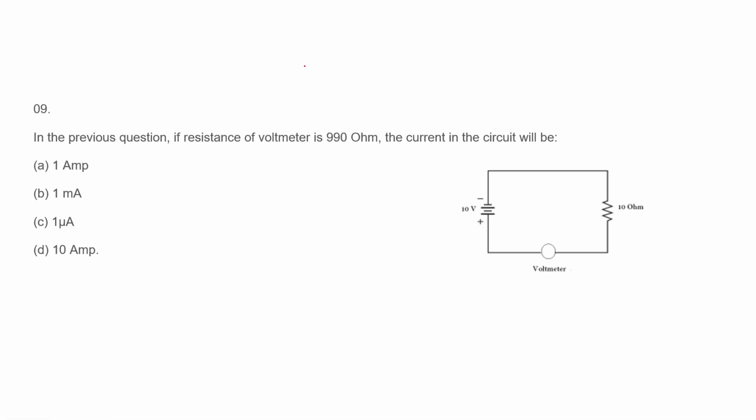In that case, the current of the circuit will be. So we need to find out current. So current is voltage upon resistance. Here the total resistance we see, first we have this 10 ohm resistor, and then voltmeter is connected in series with this resistor.